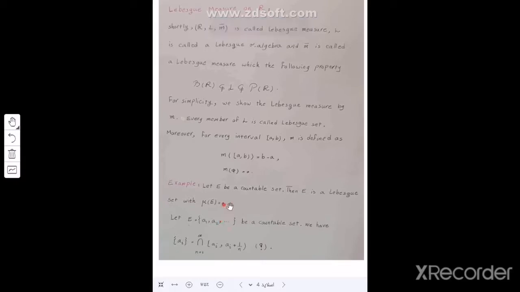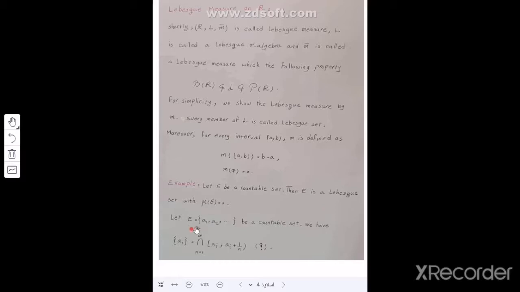Let E be a countable set, then E is a Lebesgue set, a member of the sigma algebra, with the property that the measure of E is equal to 0. Here our main set is R, E is a subset of R and countable. We want to prove that E is a Lebesgue set.